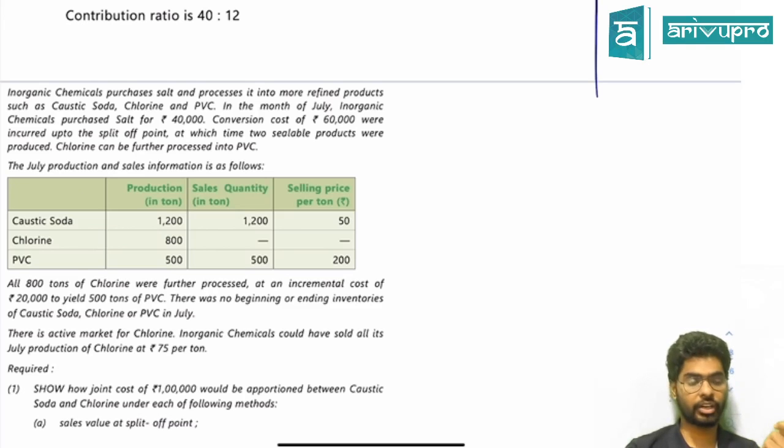There are no beginning inventories of caustic soda, chlorine or PVC. The active market for chlorine could have sold all of its production at 75. That means what is the selling price at the split off point then? It is 75.